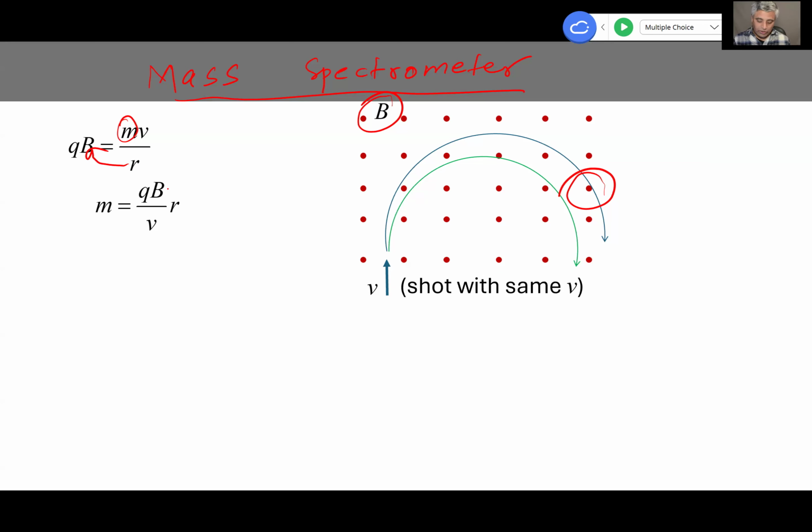If we know all those, then by looking at the circular path, we can measure the radius of the circle. So in the experiment, you shoot the electrons, they go in a circular path, and you measure the radius of the circular path.